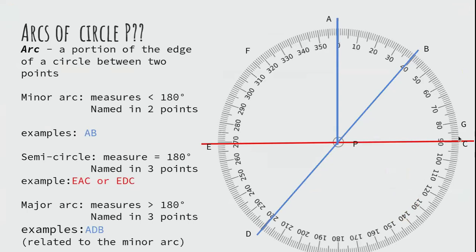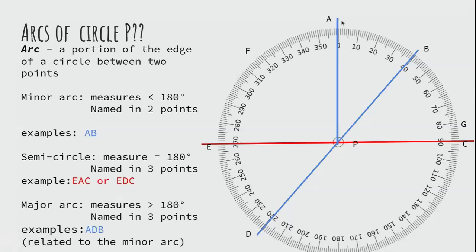And again, you either go up top from E through A to C, or you can go down the bottom from E through D to C. And there is a major arc.